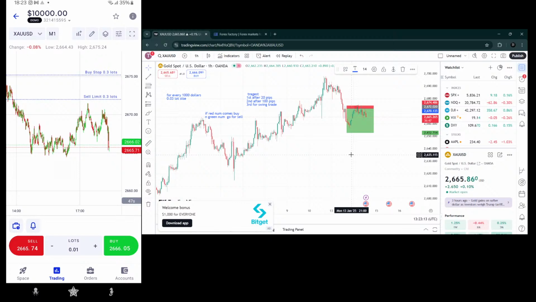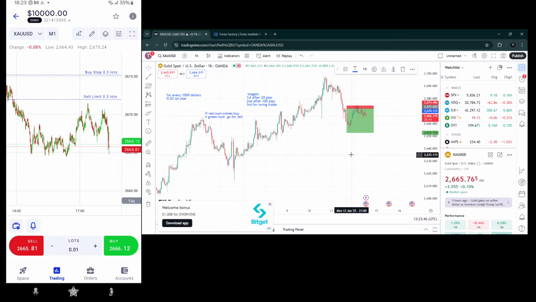If anybody wants to go for the buy, I think you should wait for 2650, 2651 for the buy. And if news comes and the market doesn't go up to our trade, like 2672, and goes from here to 2655, then don't follow this trade, because this setup is only for news.